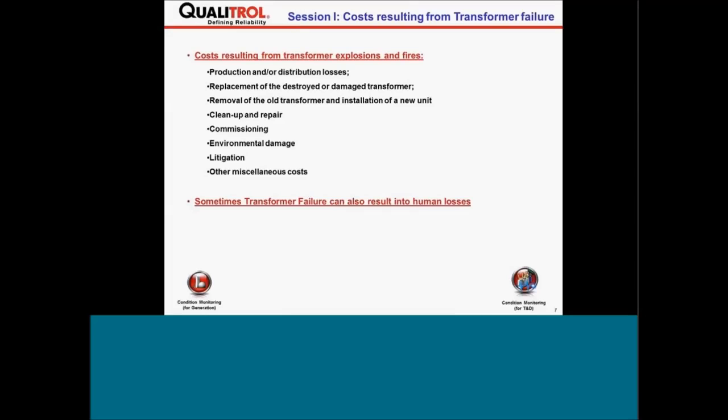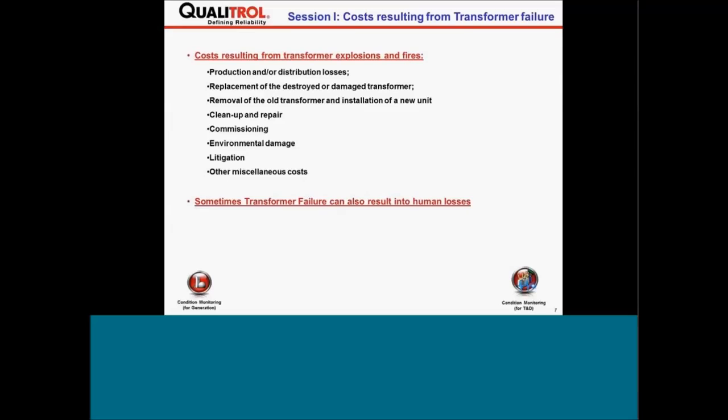The way the surrounding buildings and the area grow around a transformer which has been there for a number of years, getting these parts in and out of a station can be quite difficult in today's world. Clearly, the cleanup and repair will be very, very large.